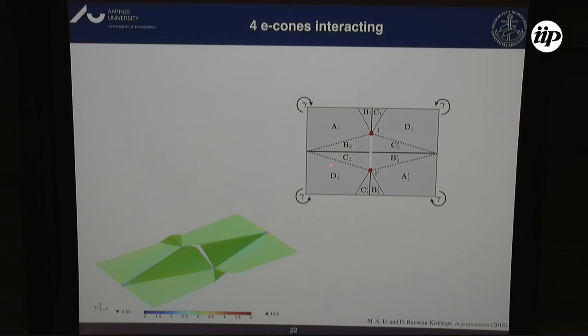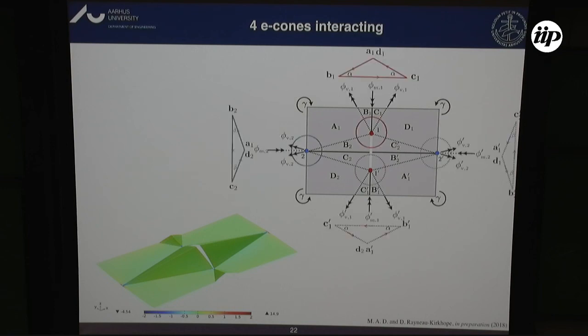So you cannot match up all the Gaussian curvature that this system has by only accounting for these two e-cons there. There are actually two other e-cons that go towards the boundary of the system in the opposite direction. When you account for all of these, if you make the Gauss map, you can compute the total Gaussian curvature.